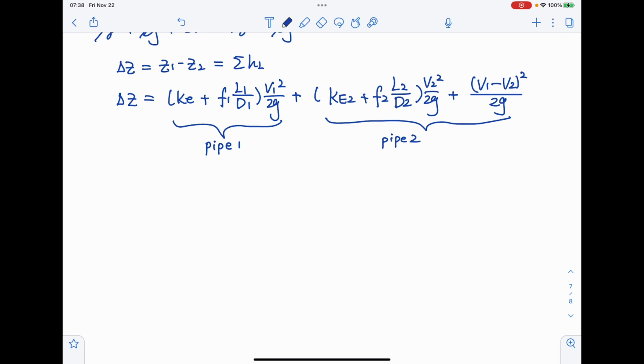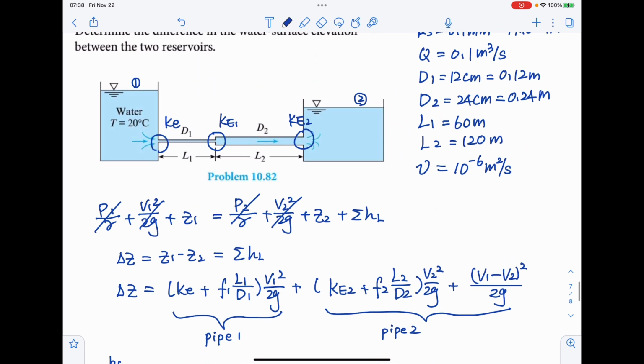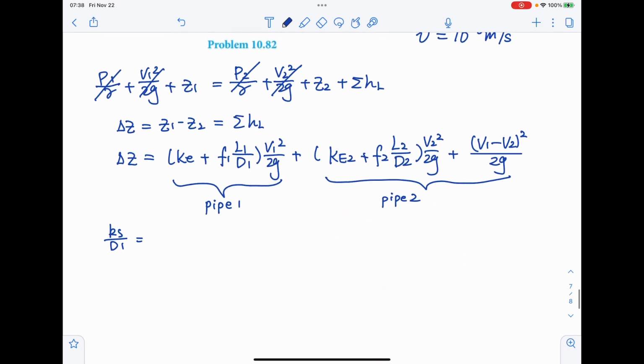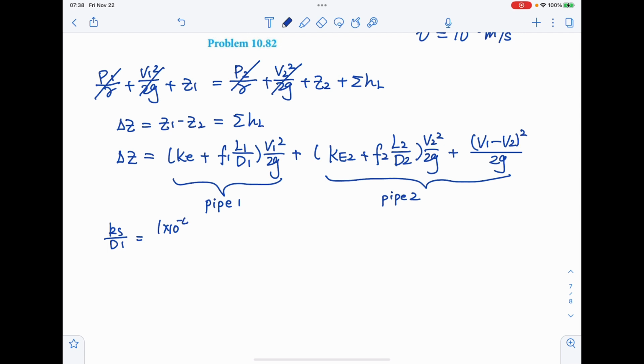Now we need to find the F1 and F2. So we have Ks over D1 equals 1 times 10 to the negative 4 meters over D1, which is 0.12 meters.